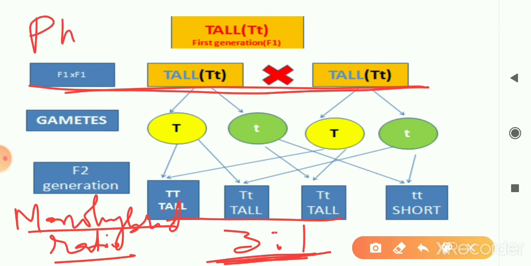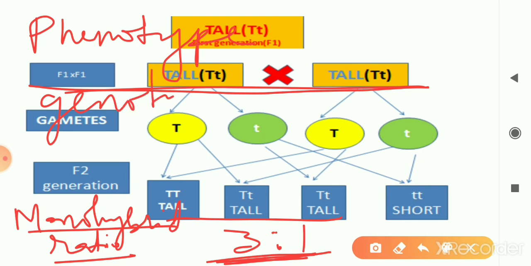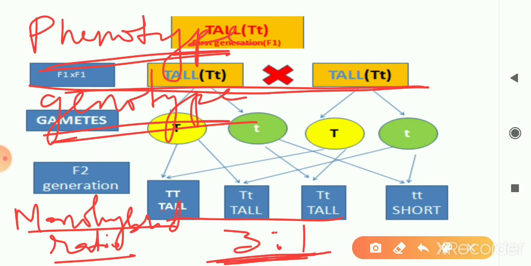There are two terms, phenotype and genotype. Phenotype stands for the external appearance, and genotype stands for the genetic makeup for that particular trait. So the phenotypic monohybrid ratio is 3:1, that is, tall to short is 3:1.